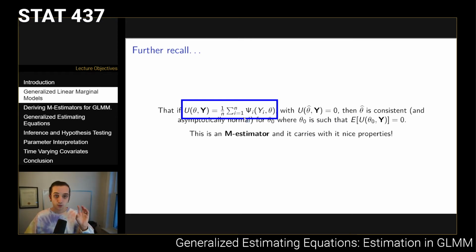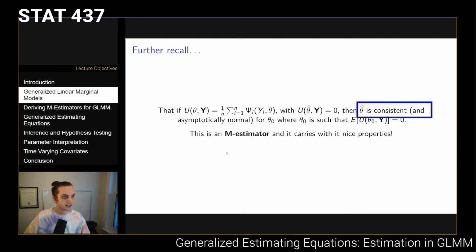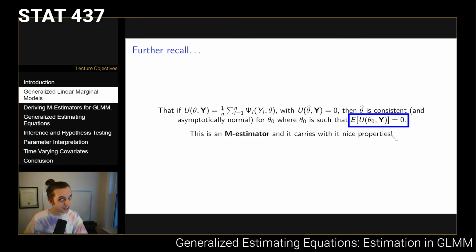When we have a function that is a sum over an IID sample of some function, and we solve for our estimator by setting this equal to 0 and solving, that's an M-estimator. And when we're using an M-estimator, we get these properties that theta hat is consistent and asymptotically normal, whenever we're looking at an unbiased estimating equation. We looked at some examples of that in the last lecture. There are some examples posted on the course website.